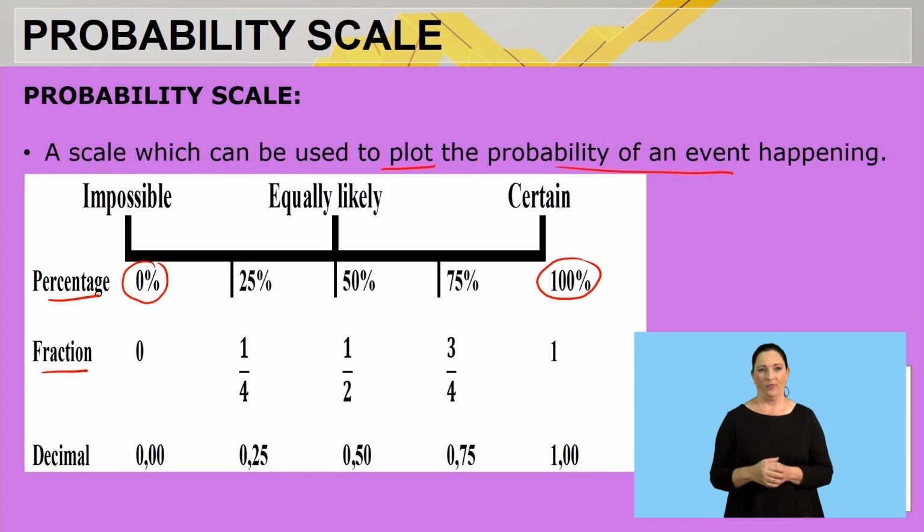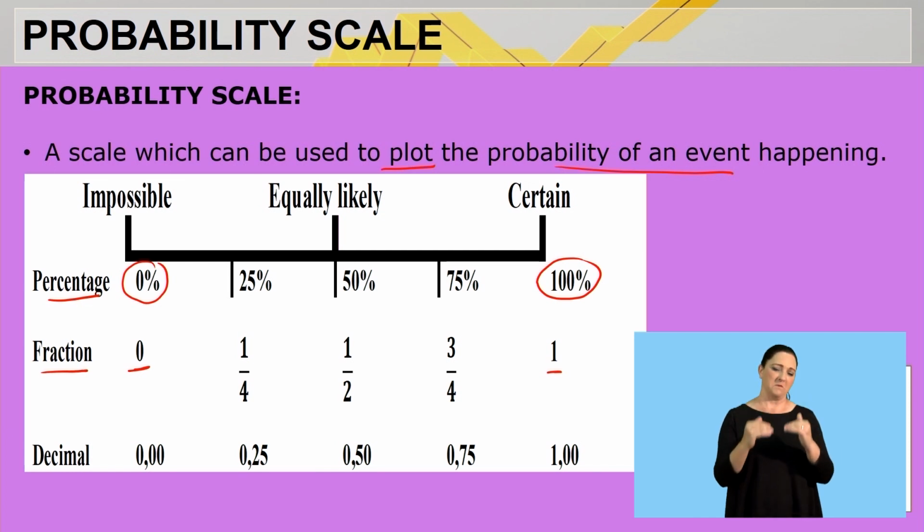And I also indicated probability can be expressed as any number between 0 and 1. And lastly, it can be a decimal number as well. Here we can see 0, 0.25, 0.50, 0.75, and 1, which all represent the same thing.